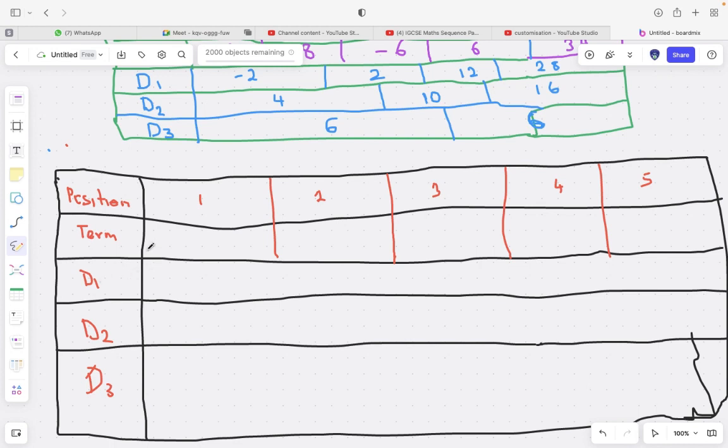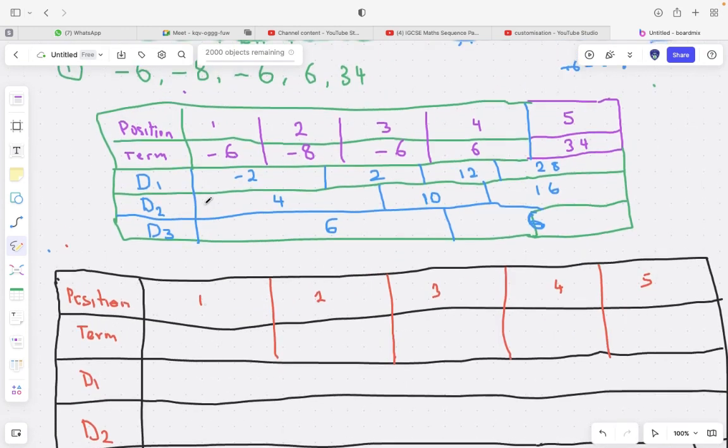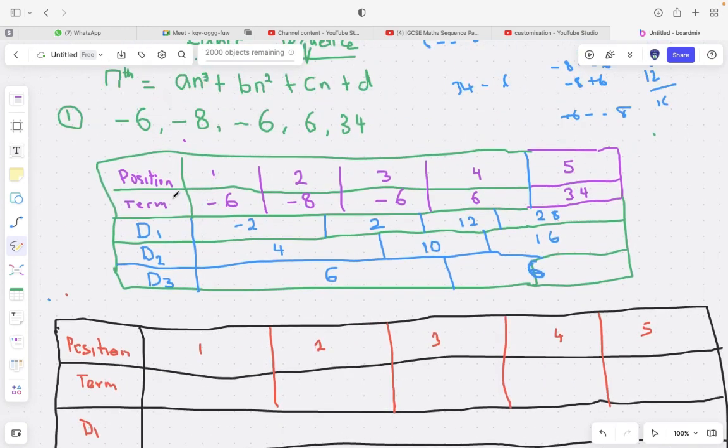So let's find the first term when n is 1. Remember the formula? an to the power 3 plus bn to the power 2 plus cn plus d. This position is called n. So if n is 1, 1 to the power of 3 is 1, 1 times a is a.